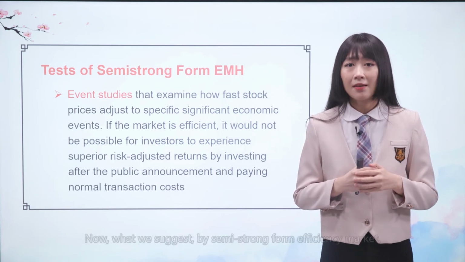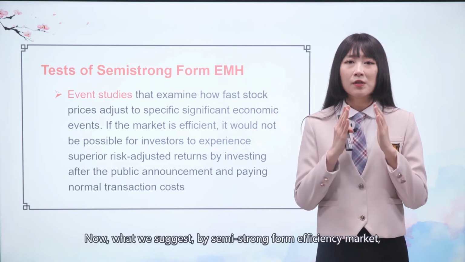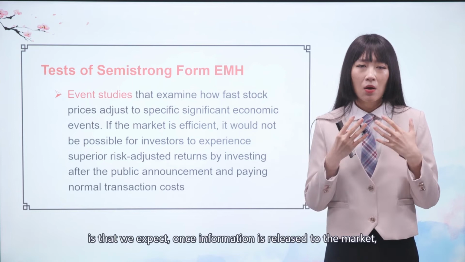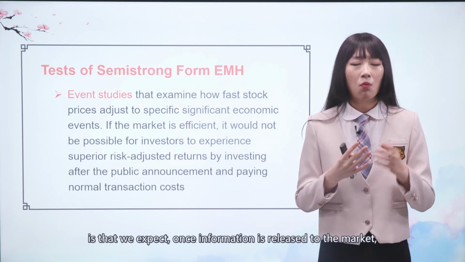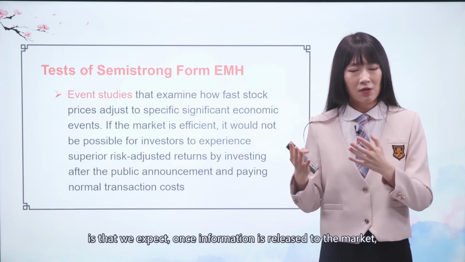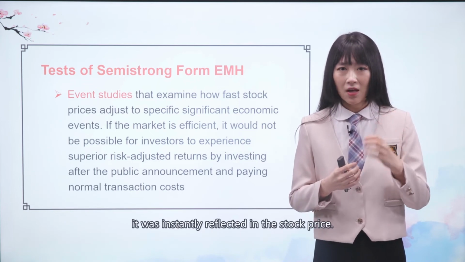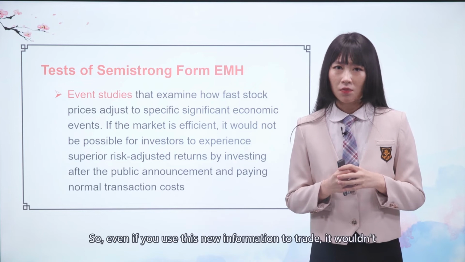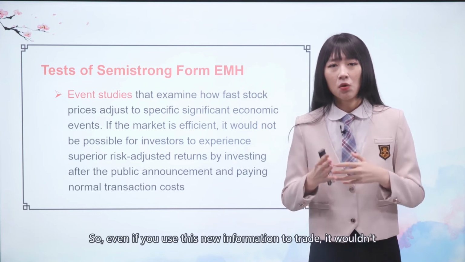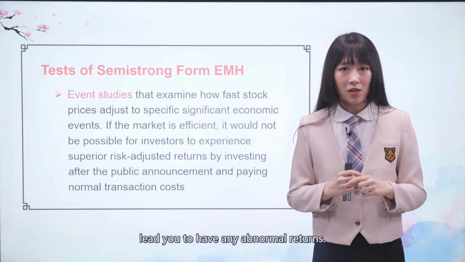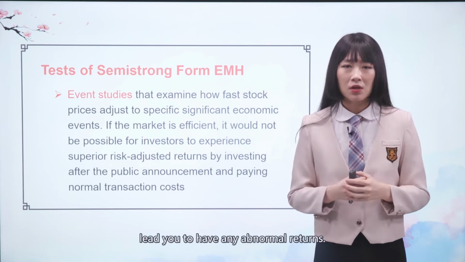Now, what semi-strong form efficiency suggests is that once information is released to the market, it is instantly reflected in the stock price. So, even if you use this new information to trade, it wouldn't lead you to any abnormal returns.